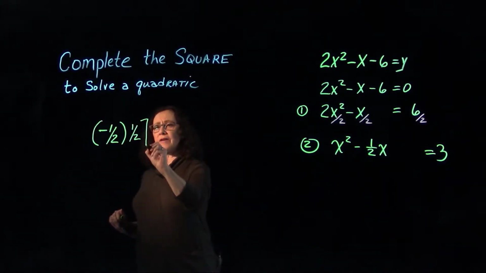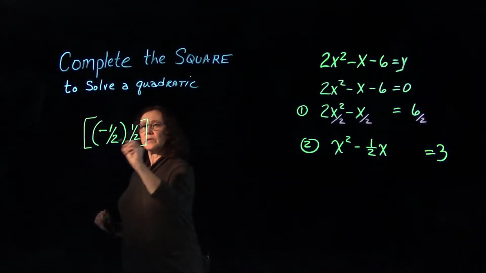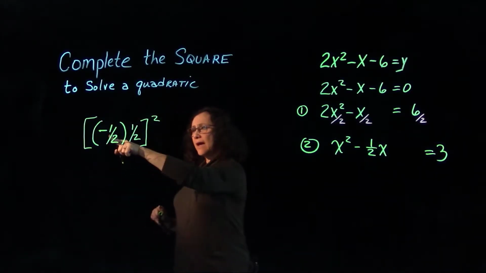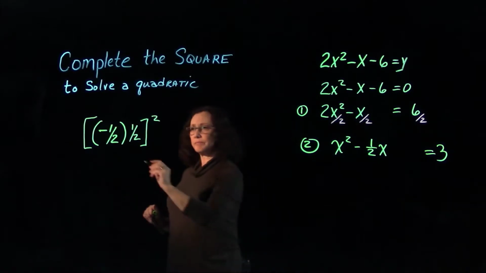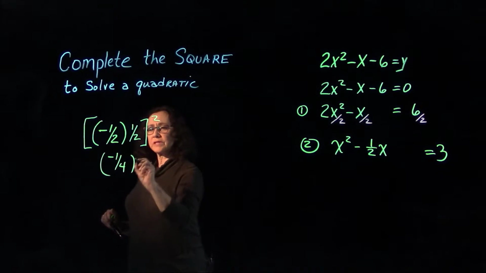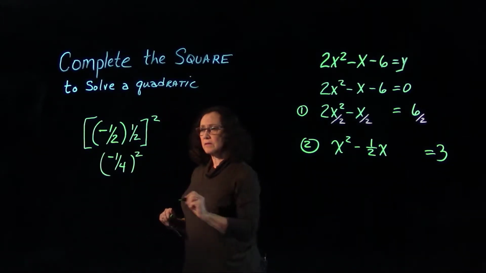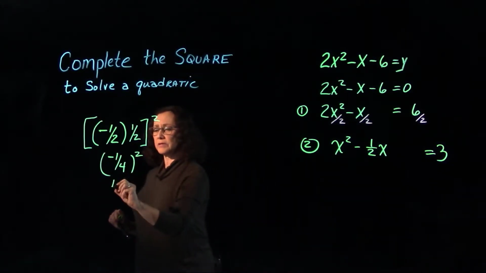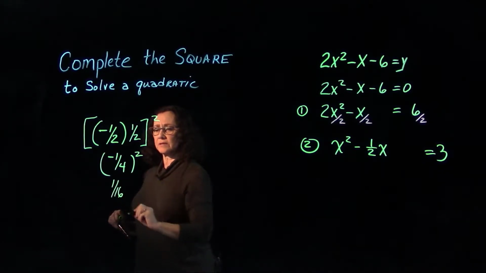And once you take half of that number, then you're going to square it. Half of a half is a quarter. We end up with negative 1 over 4. We still need to square this. And when we square it, we get a positive 1 over 16.